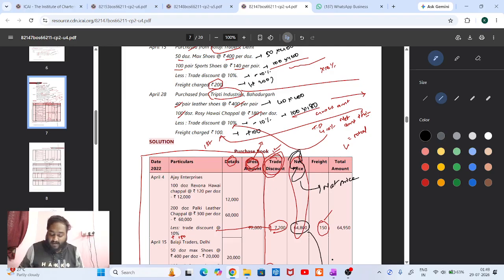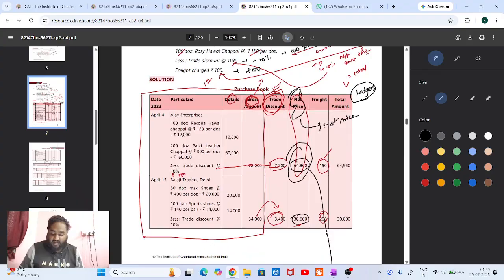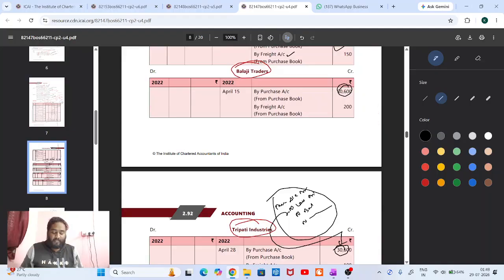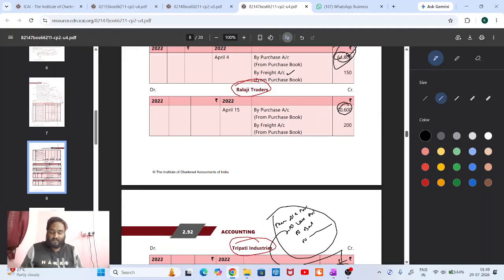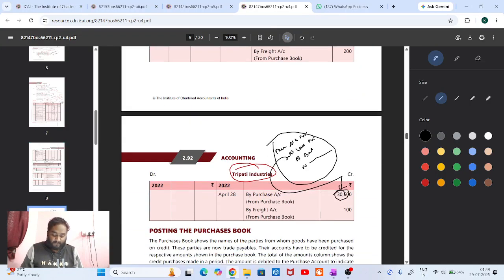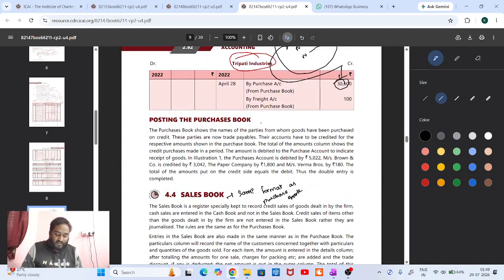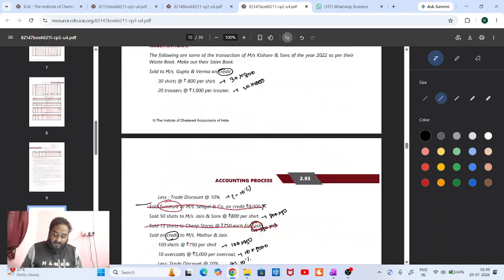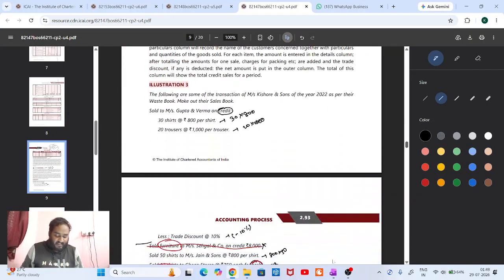They have asked for ledger accounts, which could be the reason, so that in the ledger you do not add freight. Freight is another expense. It is not considered part of purchases. Posting is the same format and the same concept as it is.